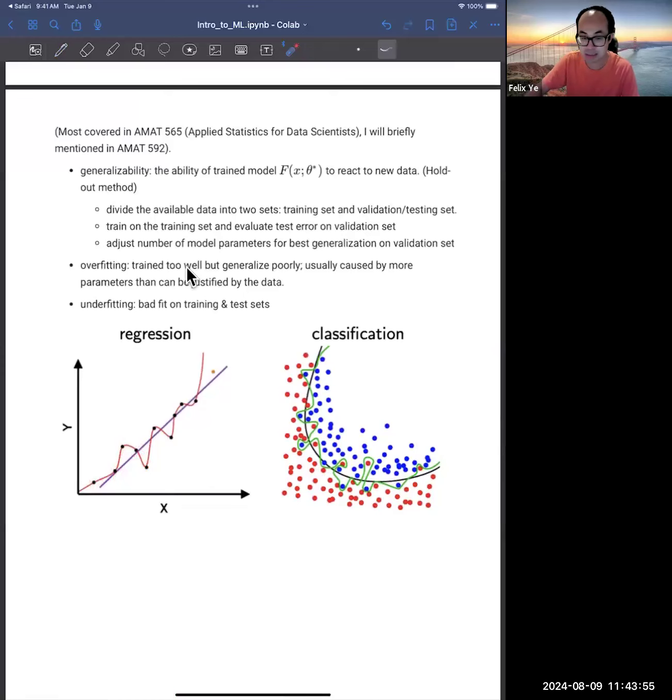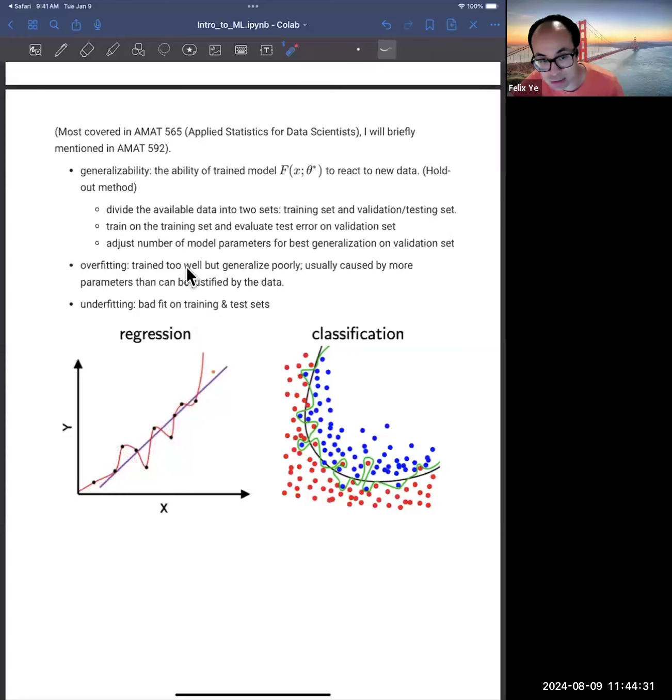There are two possibilities that you can do. One is you can just draw a straight line like this, like the purple one. Or you can draw a high-degree polynomial such that it goes through every point right here to make sure the training error is 0. The linear one is not 0 because it's just a straight line.